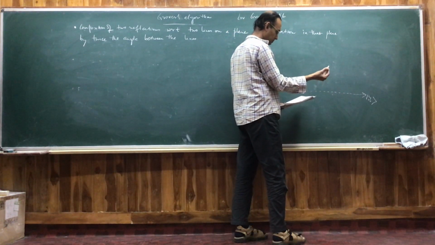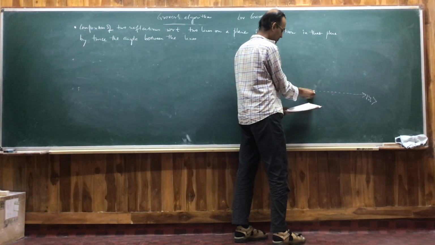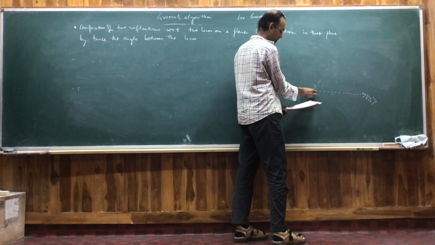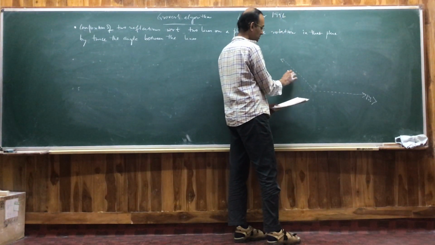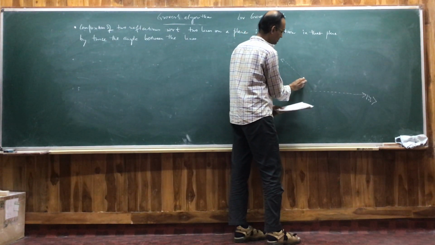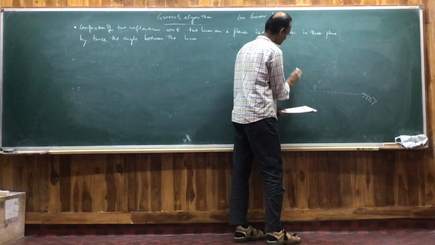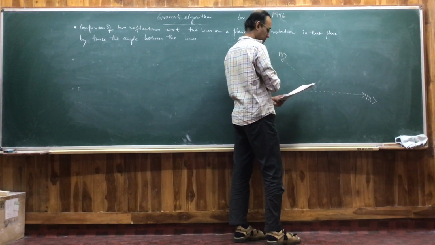This is how I drew the figure, but you can draw it at any angle, but I will keep to my figure. This is a straight line again. This is my xi.